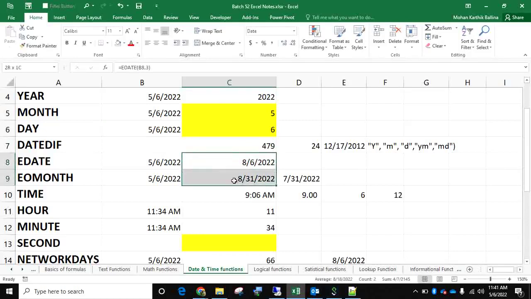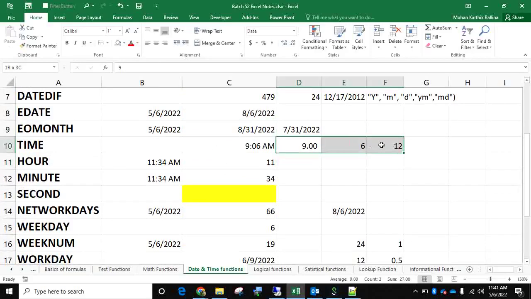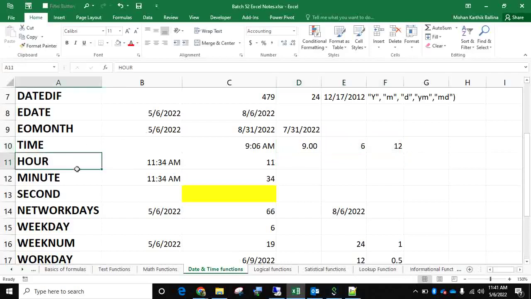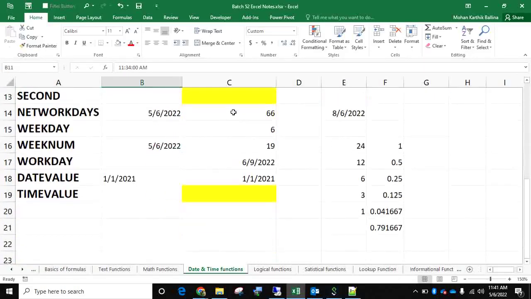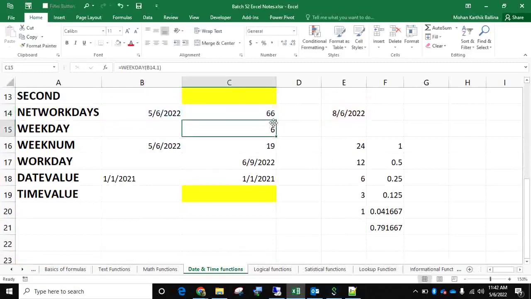EOMONTH is the same, but it will give you the last date of your month. Time is also used to create a time by using the hours, minutes, seconds. You can extract the hours, minutes, seconds from the time. Network days: when you have a start date and end date, how many working days are there without weekends?